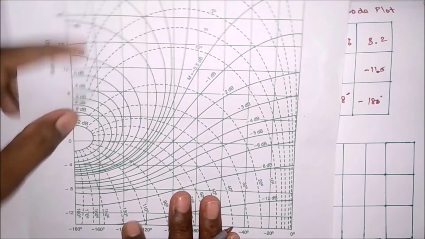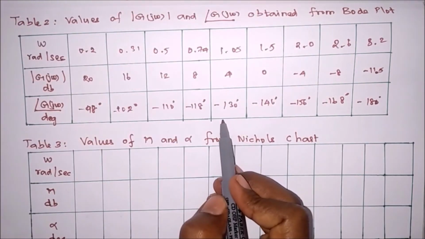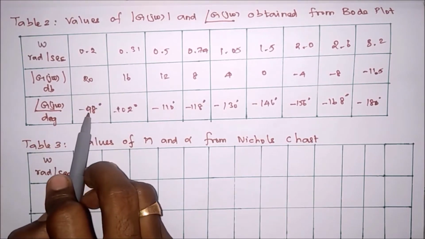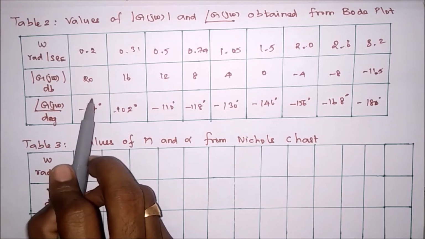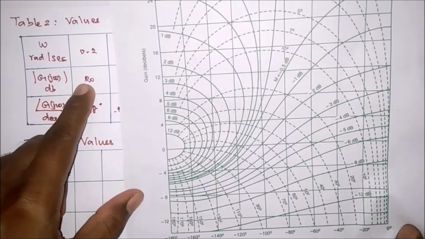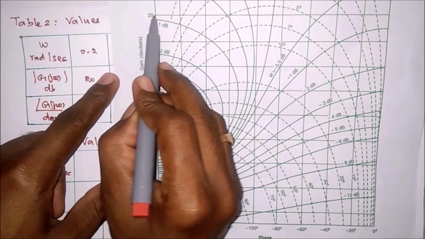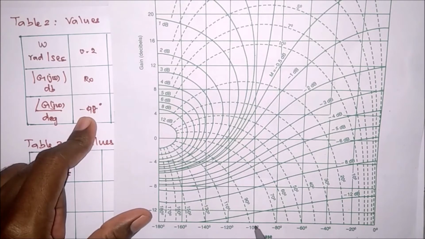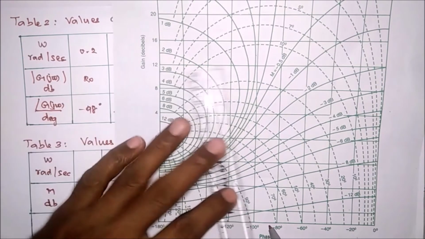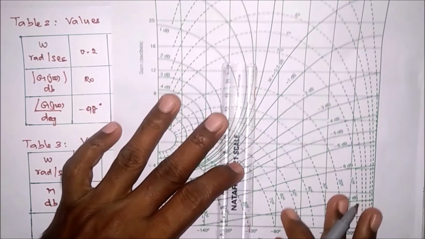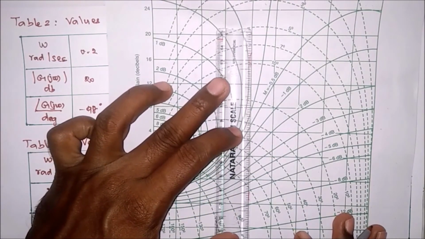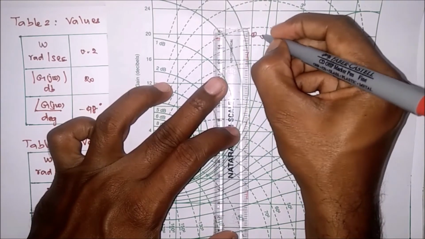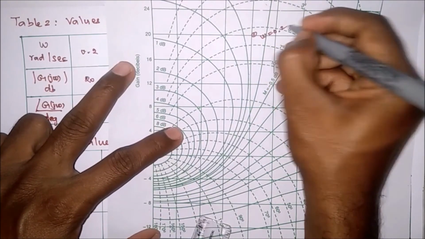So now, from this graph, we are going to mark, for example, omega equal to 0.2. We see magnitude is 20, phase angle is minus 98 degrees. So this is 80, this is 100, this is 90, so it is almost 100, and the point will come here, at the corresponding point omega equal to 0.2.